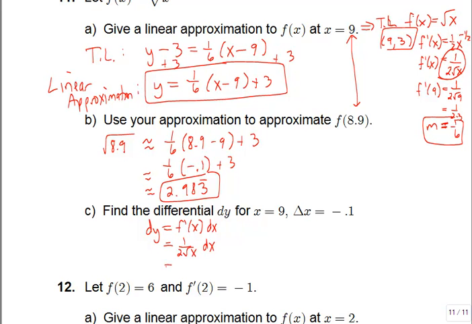So all we have to do is plug in 9 for the x and plug in negative 0.1 for dx, because delta x and dx are always the same thing. So this is 1/6 times negative 0.1, and as a decimal, that's negative 0.016 repeating. Okay, so that's approximately how far off our approximation is from the true value.